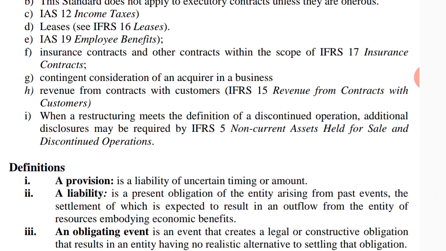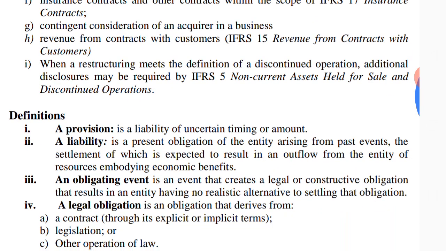Now, contingent consideration of an acquired business. If you acquire a business, I purchase a business, and you pay a contingent value, that value should be accounted for in accordance with IFRS 3, business combinations. We have revenue.